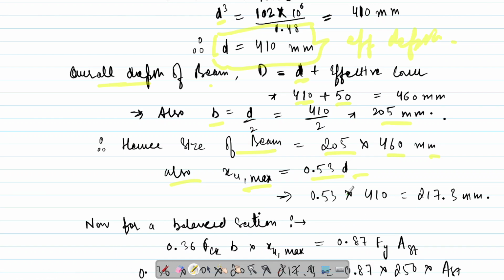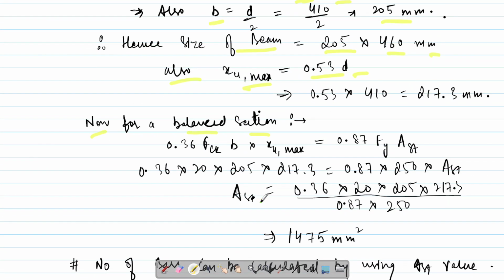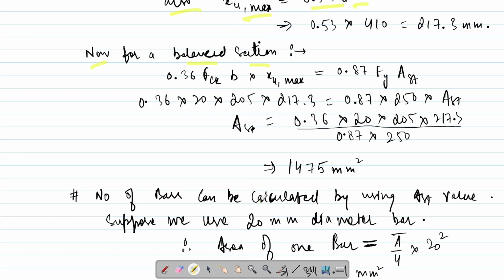Therefore, as we all know, the beam section is balanced for now, so we can equate the forces on the compression side to the forces on the tension side. The compression force is 0.36 fck b xu max, equal to the tension force, that is 0.87 fy Ast.